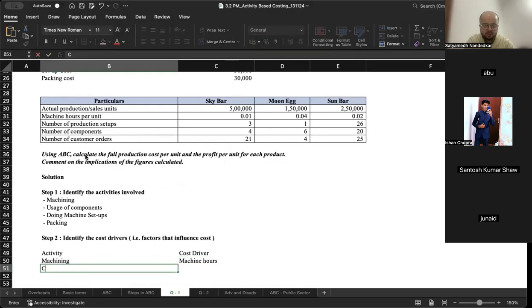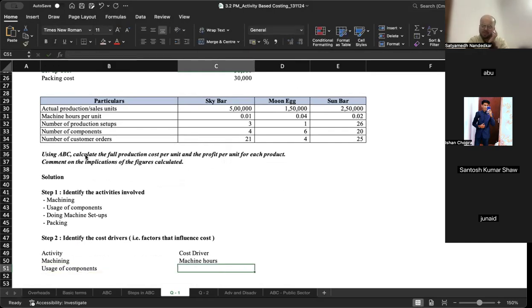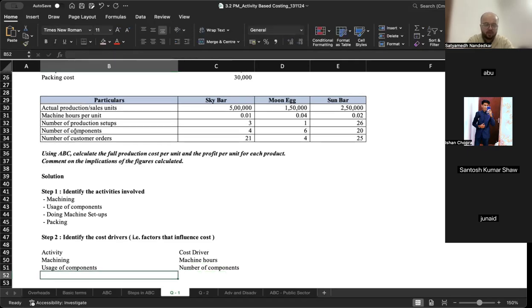Okay, then activity is usage of components. This must be some indirect material or something else that is instrumental in production, though not the material. So it will be usage of components, and the number of components is the cost driver.